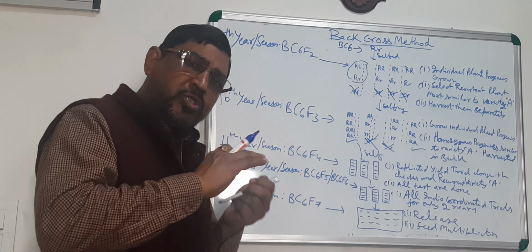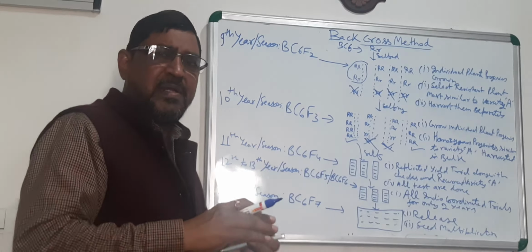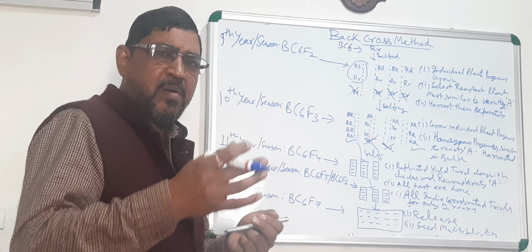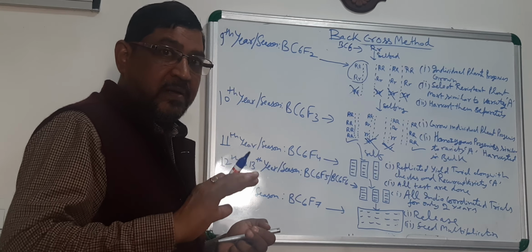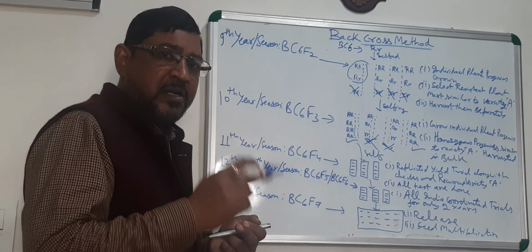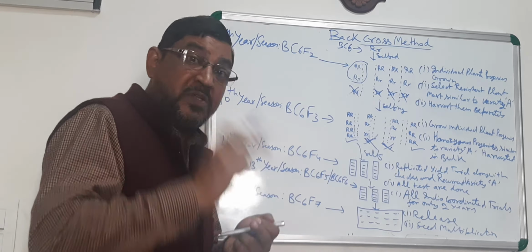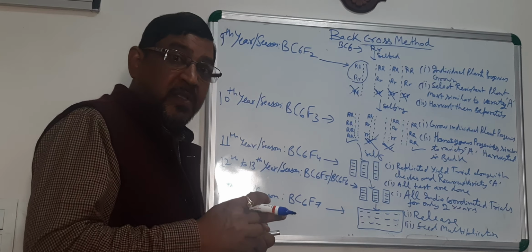The variety is most similar to the recurrent parent. Yield potential is almost similar, maybe a little bit higher, no problem, but lower should not be. A lower yielder may not be accepted. So all these tests are done in All India Coordinated Trial for 2 years, along with the disease test.